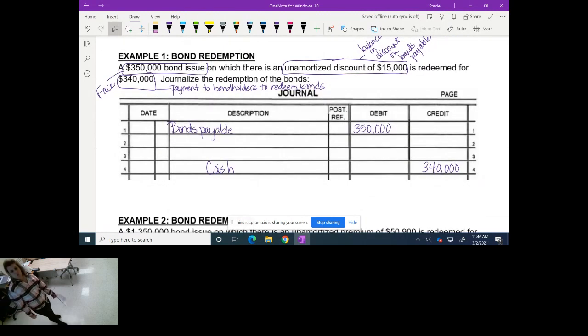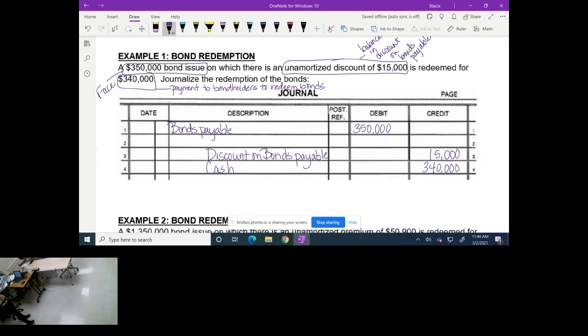All right, so if our discount has a normal debit balance and we're going to get rid of it, we've got to credit discount $15,000. So what do I need to make my entry balance?